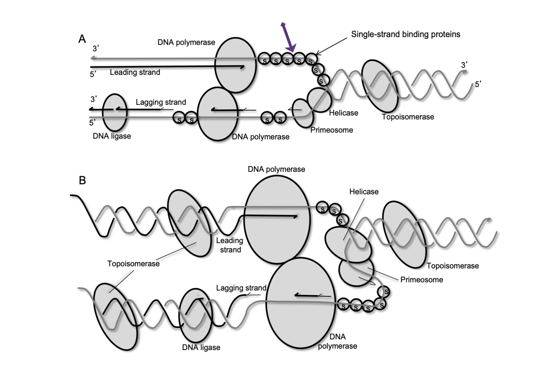Here are the single-stranded binding proteins that stabilize the single-stranded DNA. There's the topoisomerase unwinding the DNA, the helicase, which is forcing those two strands apart. There's the primosome with the RNA primer that it's formed.